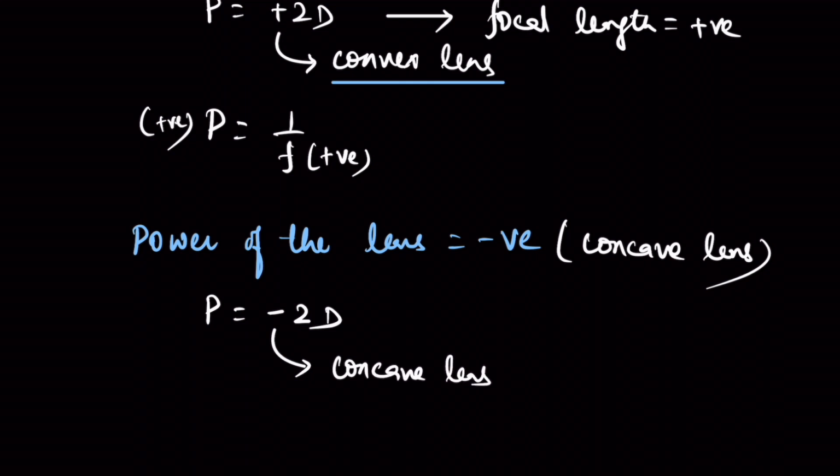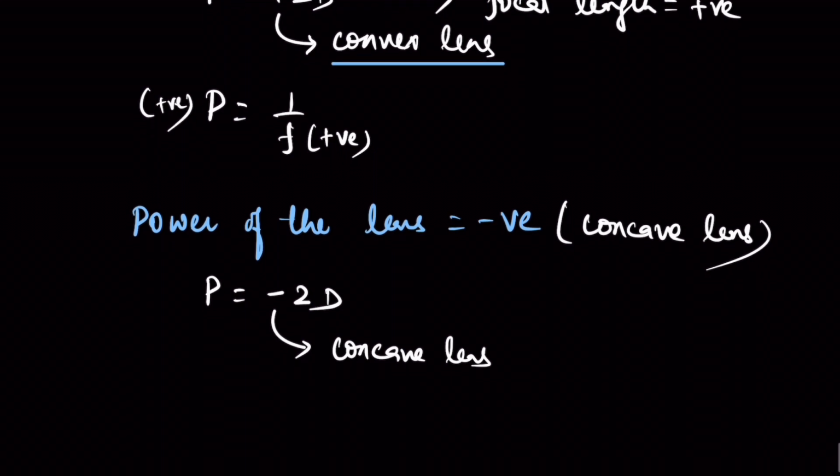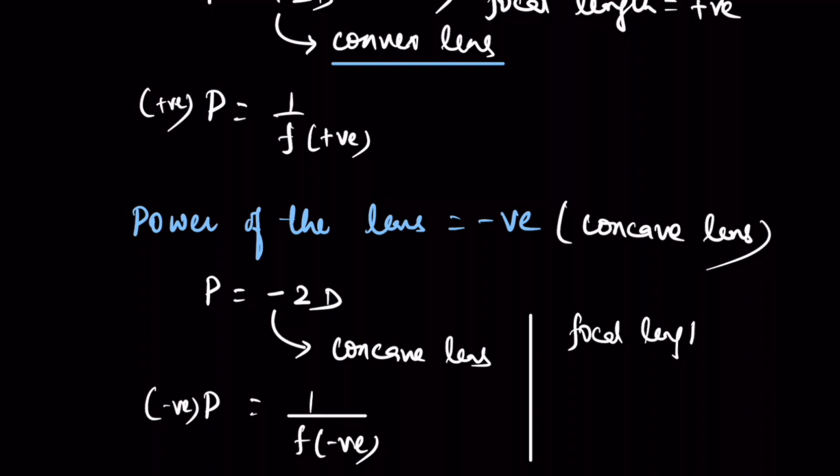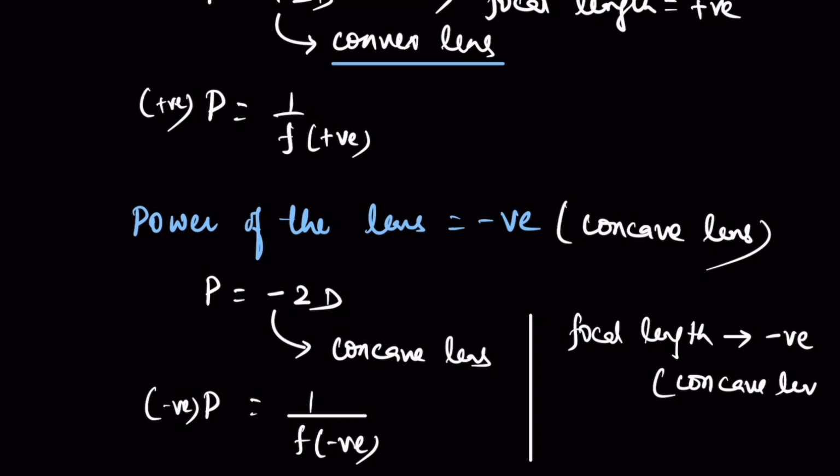Why is it concave? Because power is negative when the focal length is negative. It means that the focal length is negative in a concave lens.